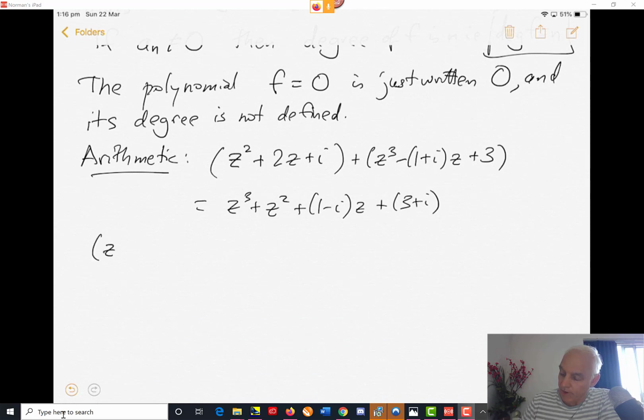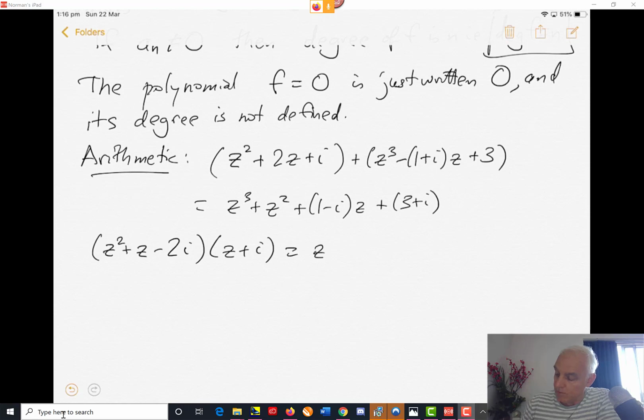Okay, and similarly we can subtract, and multiplication is as you would expect. So maybe we have z squared plus z minus 2i times, to make something not too complicated, z plus i. So we'll expand everything out.